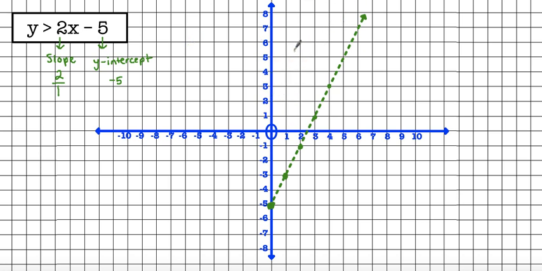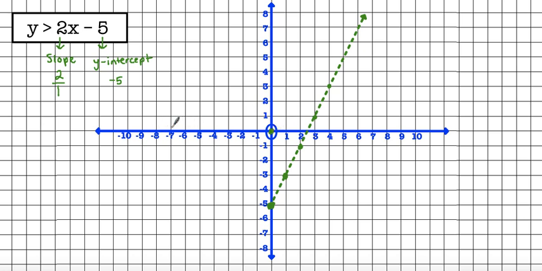If I pick a coordinate here to the left of my line, and it's true for this statement, then that's how I know I'm shading the correct area. But if it's false, then I need to shade the opposite area.